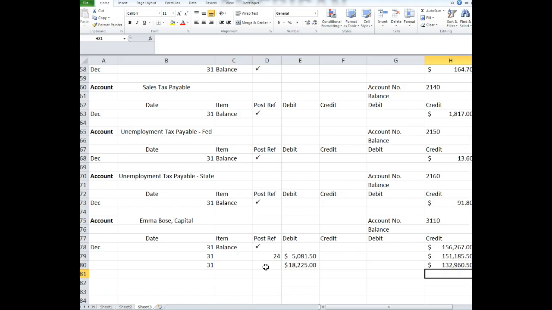Because we have to cancel it out. So, if we look back, we have $10,163 as our income summary. We have two partners sharing at 50% of the capital. Okay, so each of them will get half of the capital.